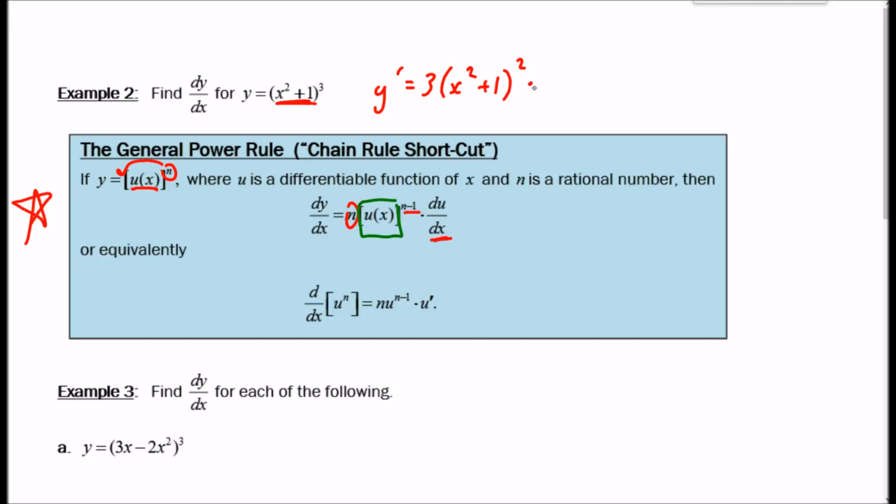And then one more step is to multiply by the derivative of what we see on the inside here. If we clean this up and actually take the derivative of that inner function, we have 3 times x squared plus 1 squared times the derivative of x squared plus 1, which is 2x. So it's just the power rule with one additional step, multiplying by the derivative of what's inside of that power.